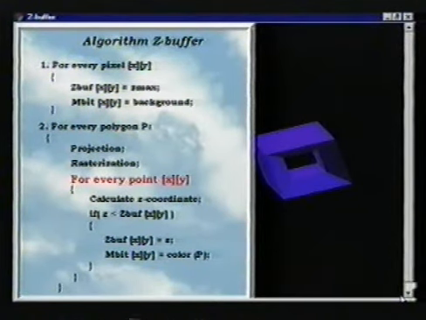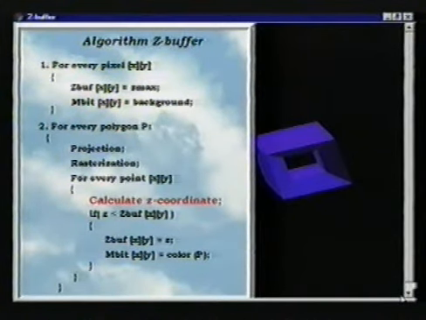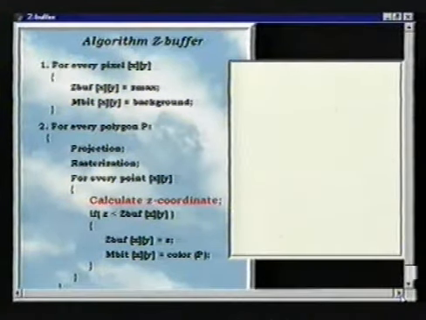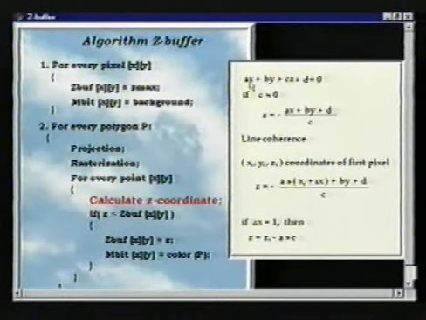Next, for every point x, y of polygon P, we calculate its Z-coordinate as follows. If we have polygon P expressed by its analytical equation by the next formula, and if C is not equal to 0, then the Z-coordinate we can express by the following fraction.